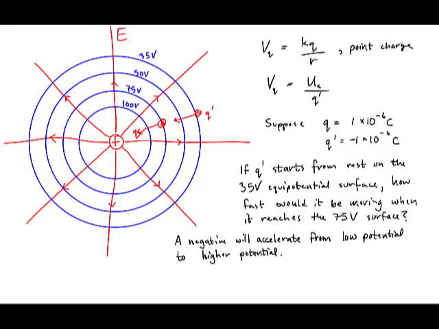That is the nature of the relationship between potential surfaces, the electric field, and a source charge. So here, qualitatively, we know that negative charge is accelerating from low potential to high potential. Let's see if we could determine how fast it's moving when it reaches the 75 volt line.